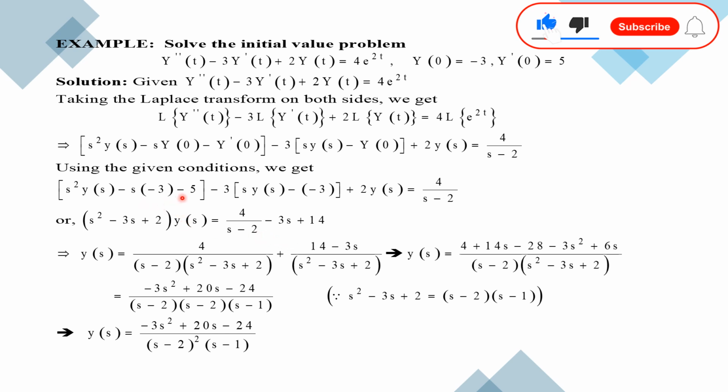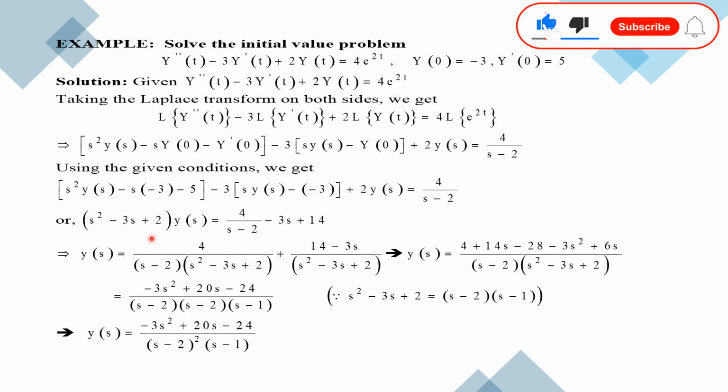Here minus into minus is plus 5, so subtract 5 from both sides, we will have here a plus 5. Here minus into minus plus, plus into minus 3, so 3 into 3 is 9, so add 9 to both sides. So 5 plus 9 is equal to 14, and here we have minus 3 plus 3, we subtract from both sides, so here we have plus 3s.